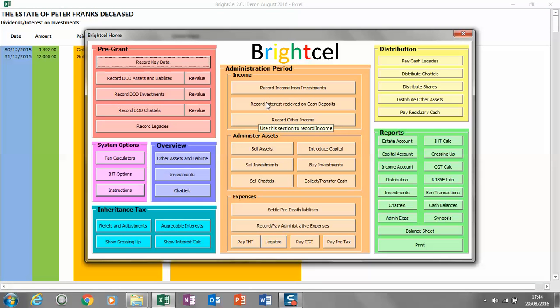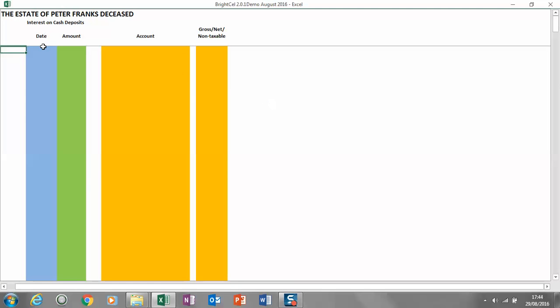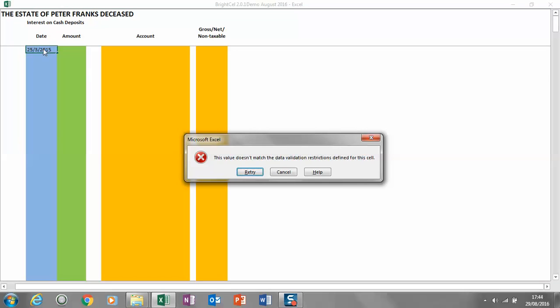If you wanted to record income received on cash deposits, same sort of picture. Let's say that we're going to have some in different tax years, so you can see how that works. Let's say that we had a payment in 25th March 2015. There's no like that.